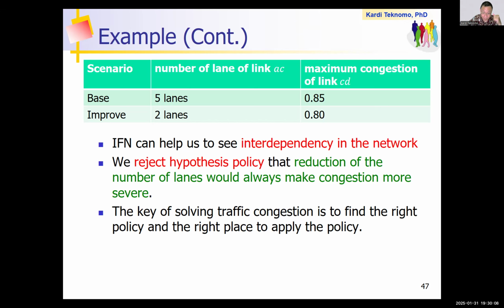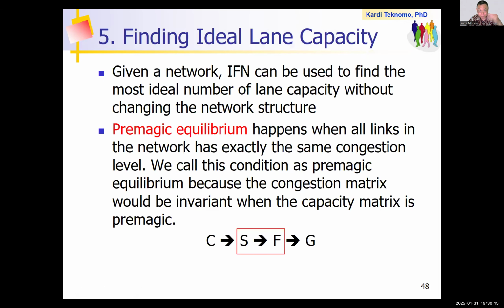Another application of IFN in traffic is to create what is called the premagic equilibrium. This is when all the links in the network have exactly the same congestion level.